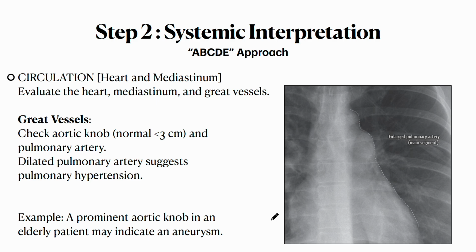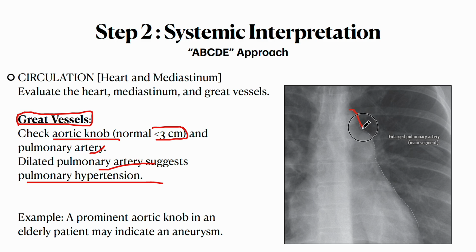Let's talk about great vessels. I have talked about it earlier, like aortic knob. Here you can see the aortic knob that is less than 3 centimeter in normal situations, and also pulmonary artery. A dilated pulmonary artery suggests pulmonary hypertension. This is a case of dilated pulmonary artery, like main segment, right?